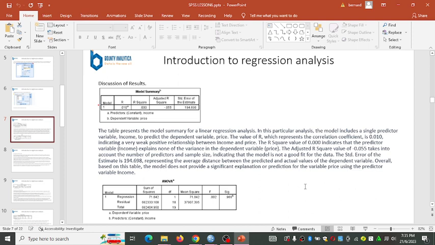Is it expected to be smaller or bigger than this? If the relationship is strong, we expect the standard error to be very small.